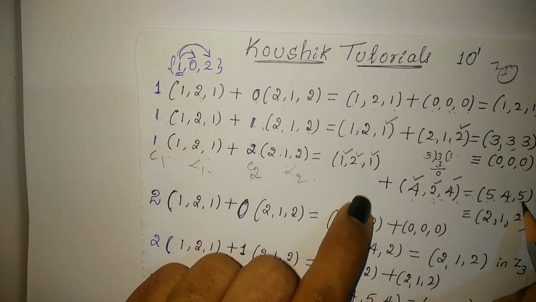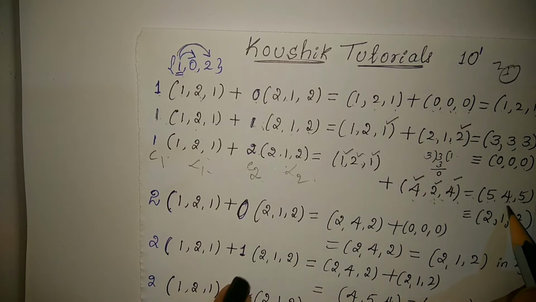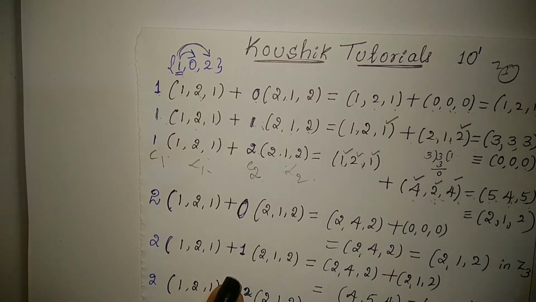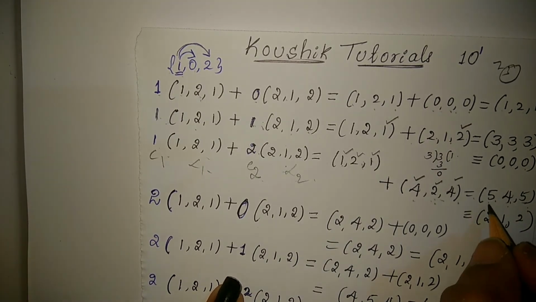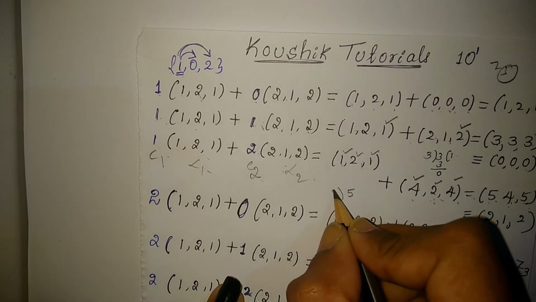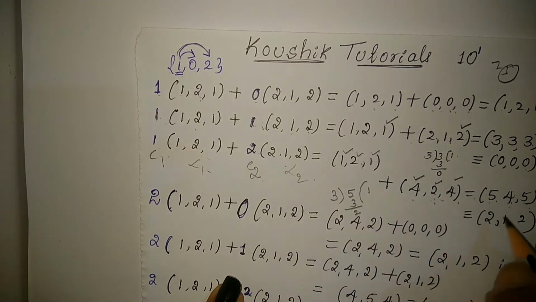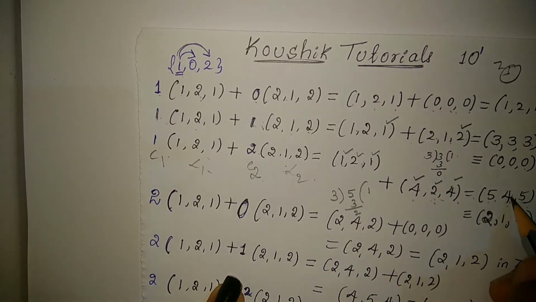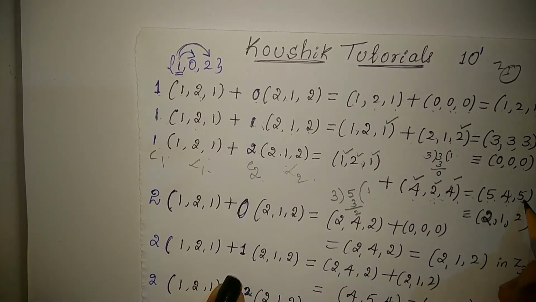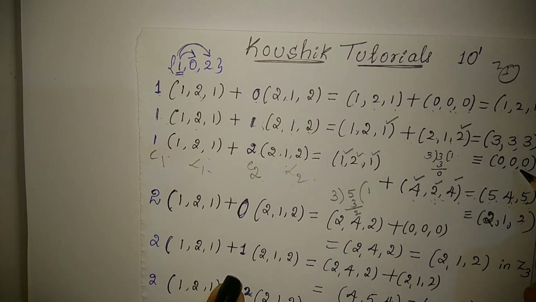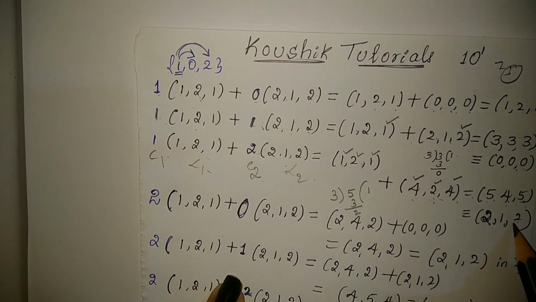So 5, 4, 5. But 5, 4, 5 are not elements of Z3. So for that, divide by 3. 3 ones are 3, remainder is 2. So put 2. For 4, the remainder is 1. For 5, the remainder is 2. Is it okay? So here we get 1 2 1, 0 0 0 and 2 1 2.